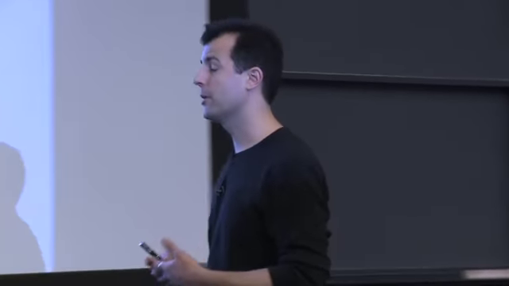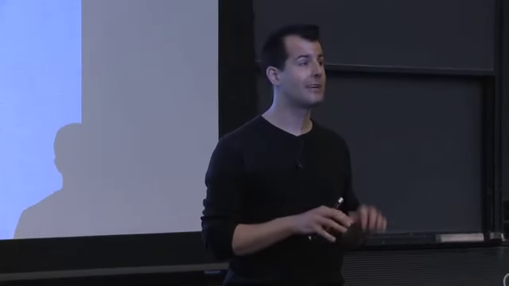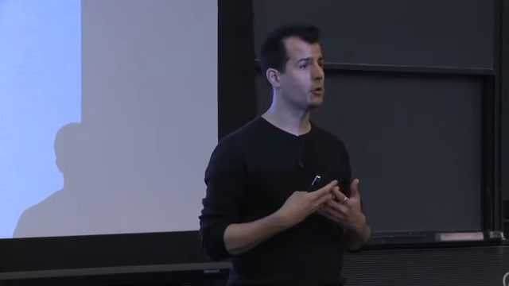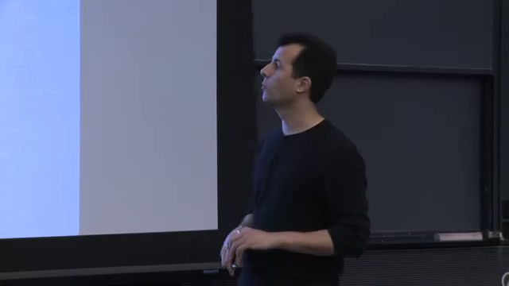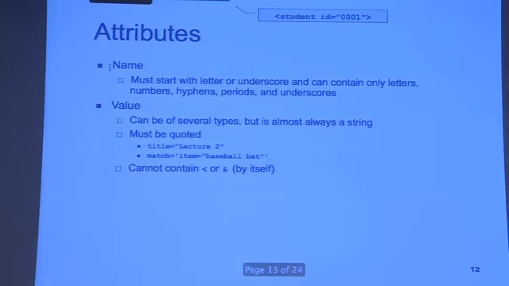This is more real if you think about HTML. In HTML, it's very common to have a paragraph tag, and then you start writing your paragraph. But then in the middle of your paragraph, you enter the boldface tag or the italics tag, and then you close that tag. That too would be a mixed content model. You have text and tags commingled. Then no content, like Jack pointed out. So we have those several content models. Those are our options for modeling.